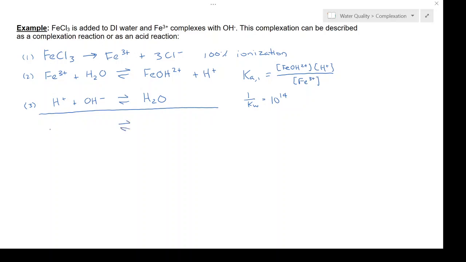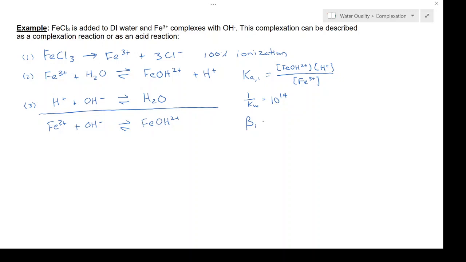And what I'm left with is my ferric iron ion reacting with a single hydroxide and forming this ferric hydroxide complex, FeOH2+. And this I'm going to describe with a stability constant because it represents a complexation where the metal is reacting with a single ligand, and I'm going to call it beta 1 because it is a single ligand.